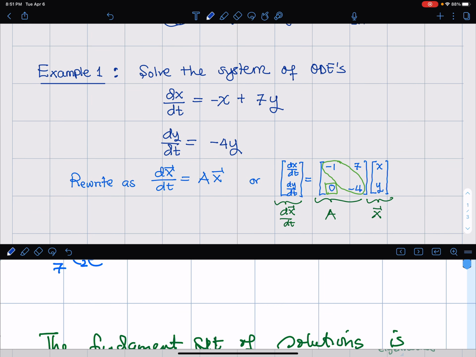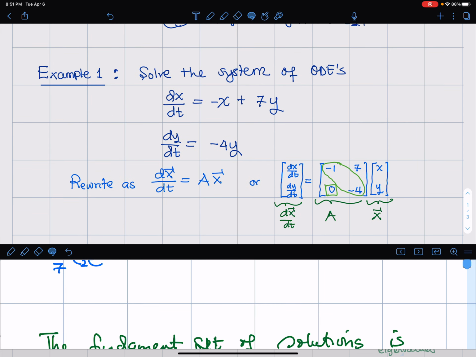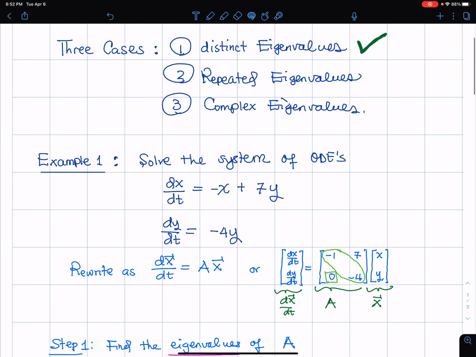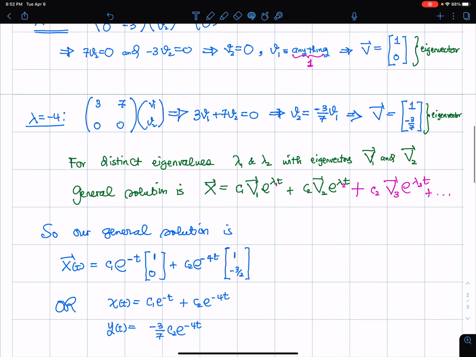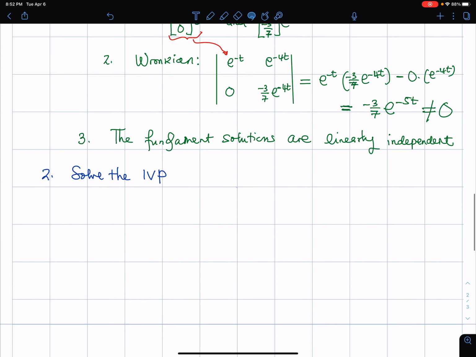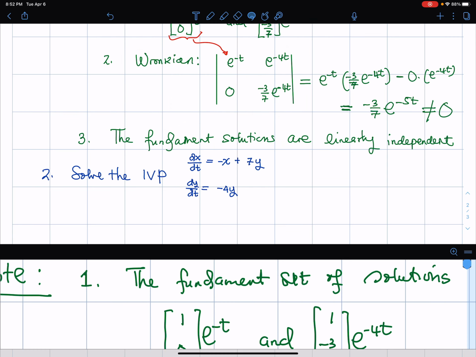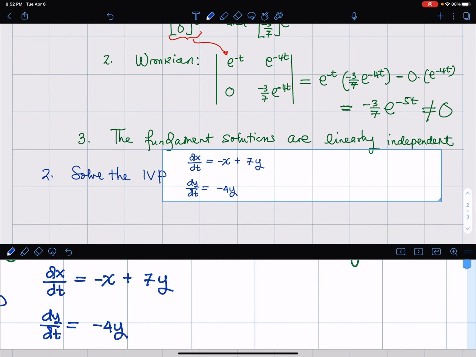But now it's an initial value problem. Isn't that fantastic? So let's solve this same problem, but make it now an initial value problem. What are the initial conditions?